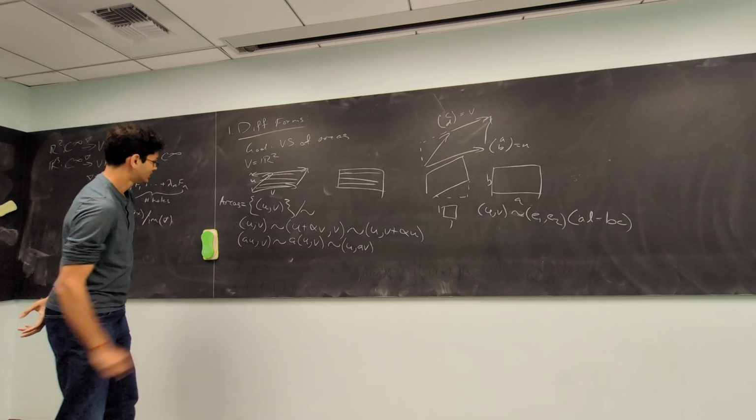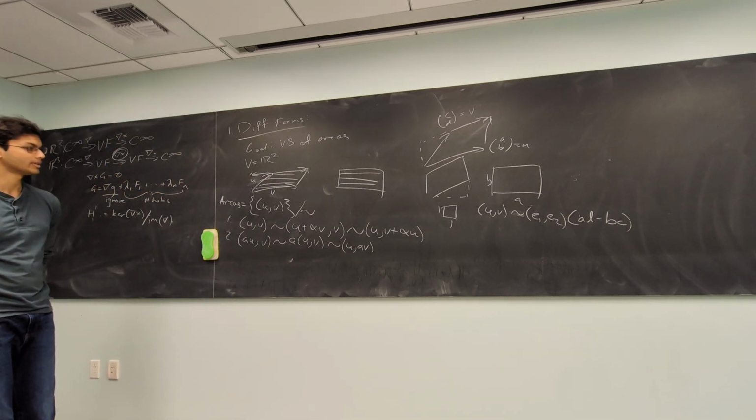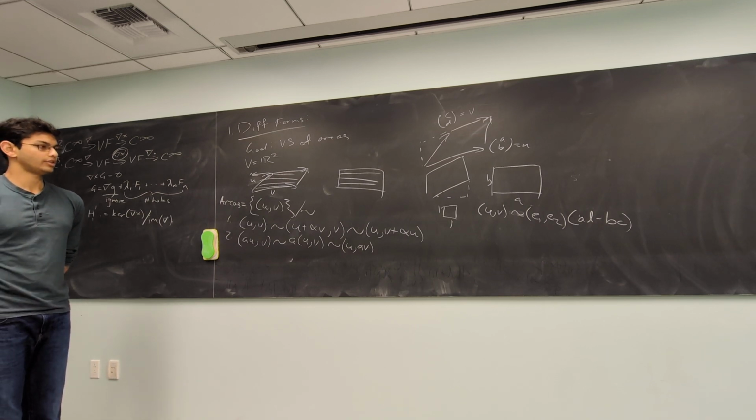And so these two axioms, which I'll call the shearing and scaling axioms, almost determine the area uniquely.